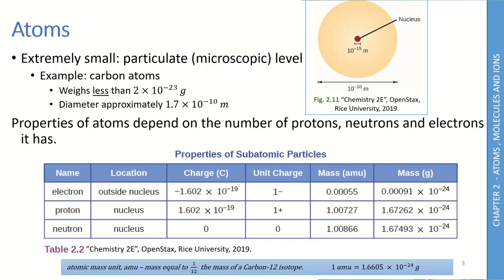This table is only to show you, and I want you to pay attention to the mass of those three. The electron has a very small mass compared to the others, and the charges of the electron and proton are equal but with opposite signs. While the electron is -1, a proton is +1.